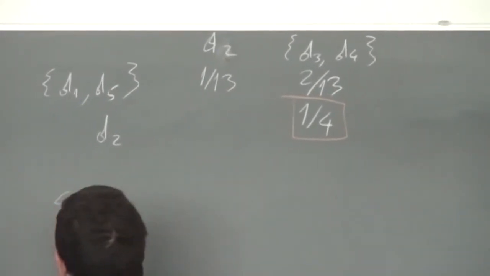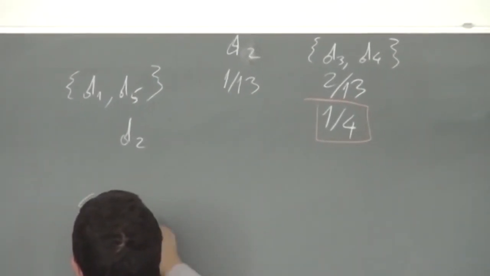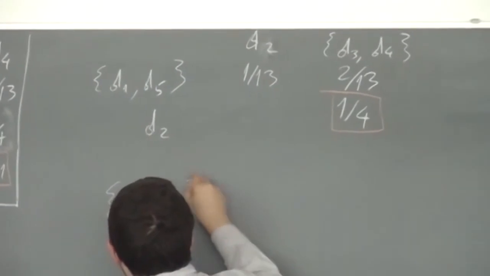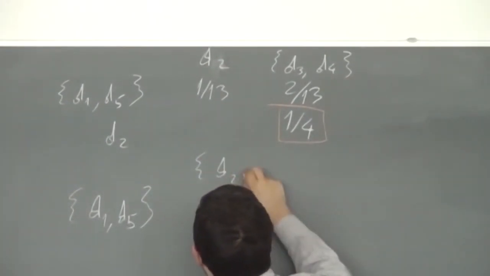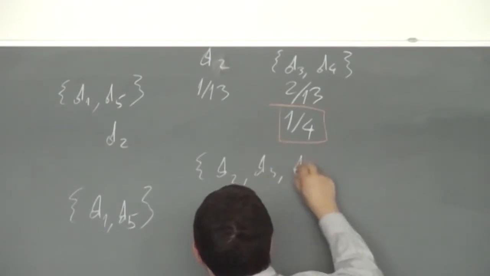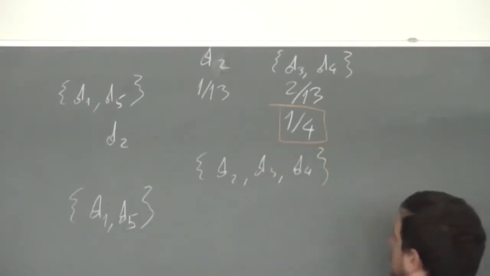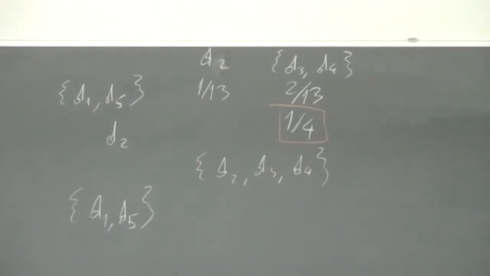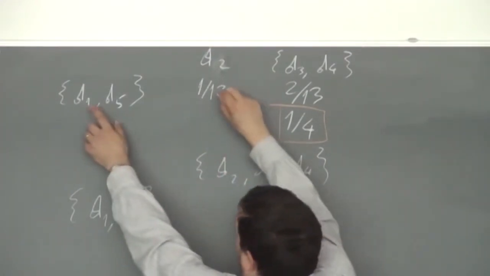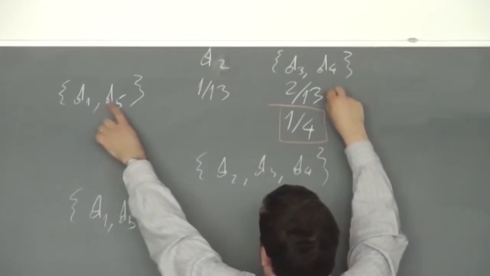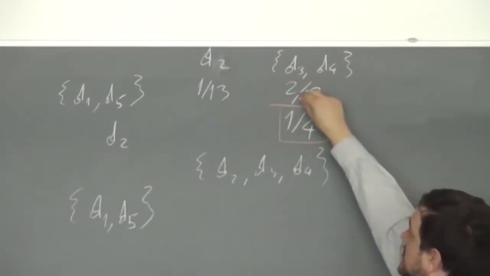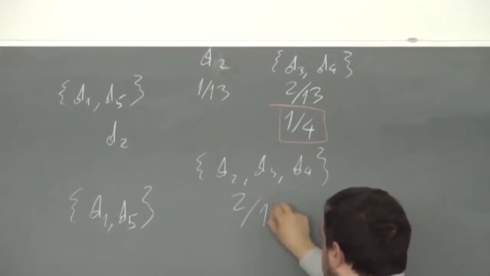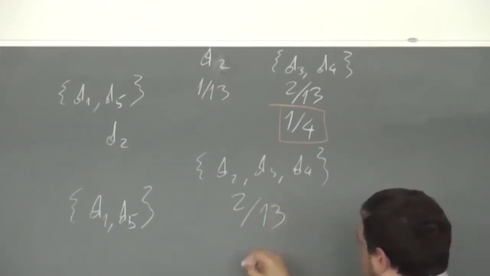The only similarity that remains to be computed is the similarity between D1, D5 and D2, D3, D4, which is the largest similarity between D1, D5 and D2 and D1, D5 and D3, D4. So the maximum of these two numbers, which is 2 over 13.